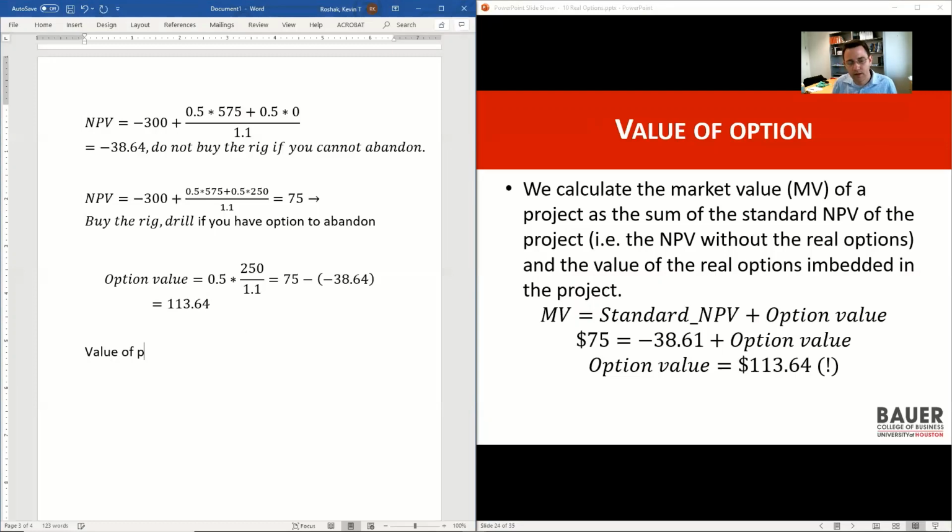So you value things with the option, you subtract from that the value of the project without the option, and what you are left with is the value of the option.